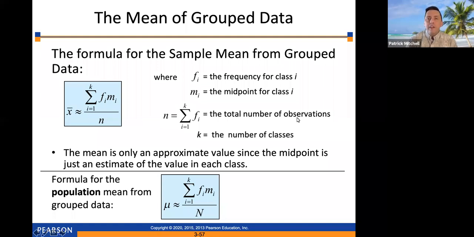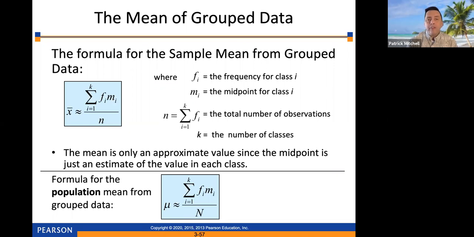The formula for the sample mean from group data is X bar is approximately the sum of each frequency times its midpoint. So the class frequency times the class midpoint, you calculate that product for each class and then add all of those products together.